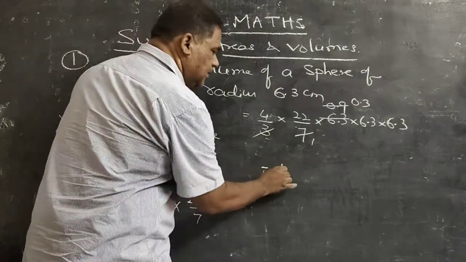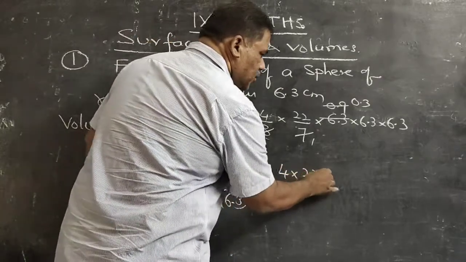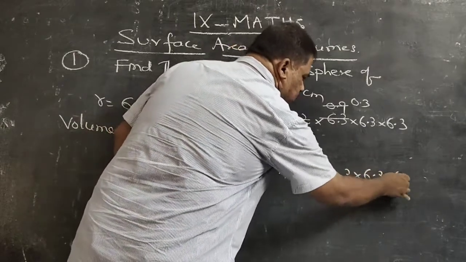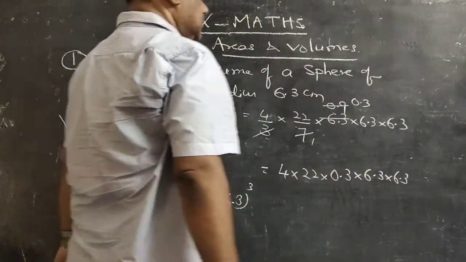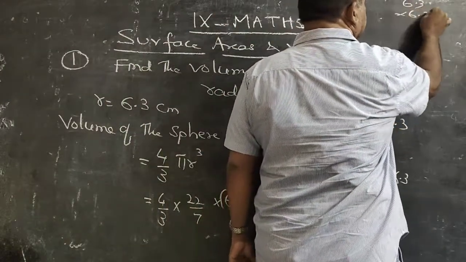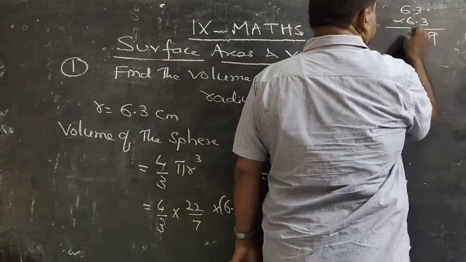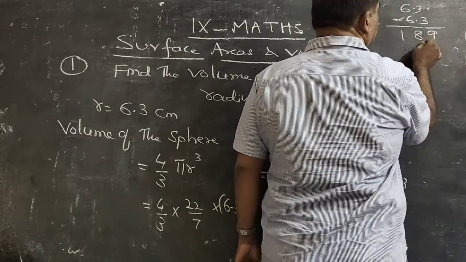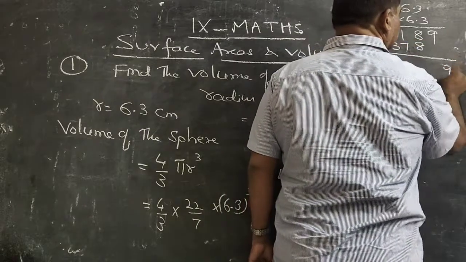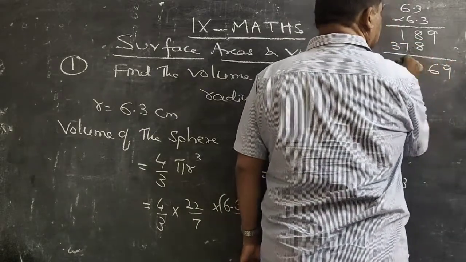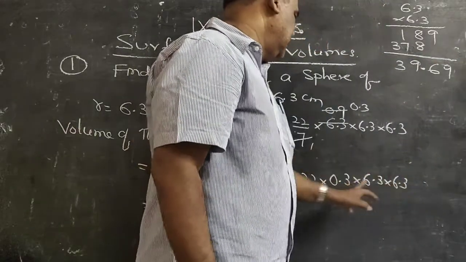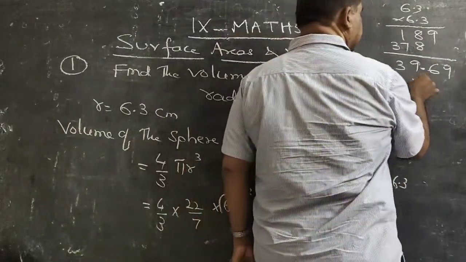So here we got 4 into 22 into 0.3 into 6.3 into 6.3. Let us multiply 6.3 into 6.3 first. It is 39.69 into 0.3.